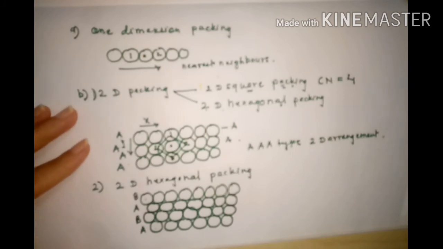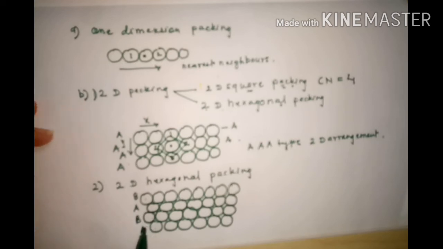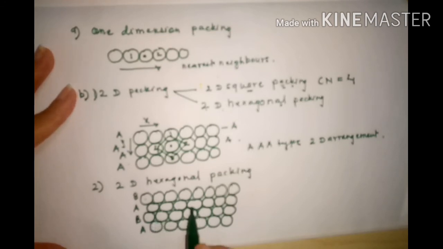The spheres in the second row are arranged in the depressions of the first row, and that results in a staggered arrangement. Such an arrangement is called AB type arrangement. In this arrangement, each sphere touches 6 closest neighbors. If you consider any sphere here, suppose this one, it is touching 6 different spheres: 1, 2, 3, 4, 5 and 6.